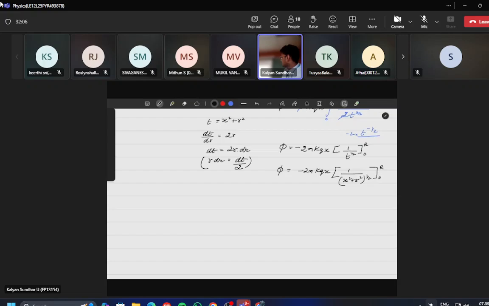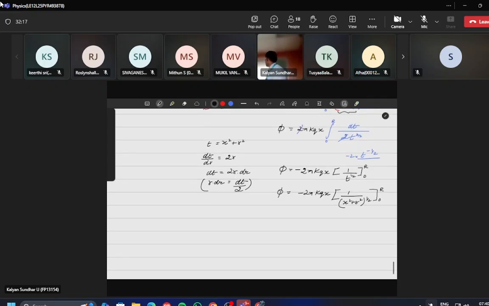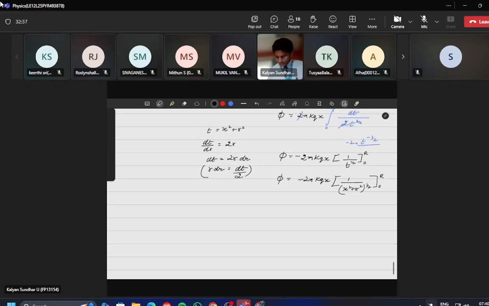Now k q x, what else? x I can take inside, 2 pi stays as it is. The 1 by 2 comes up on top. Now with the 2 on top there, the 2 already cancels out. So this will be minus 2 pi k, whose value is 1 by 4 pi epsilon naught, times q into x.